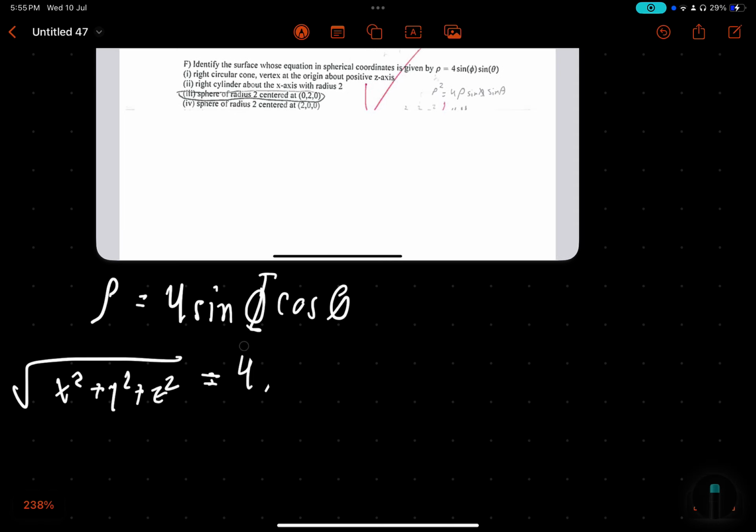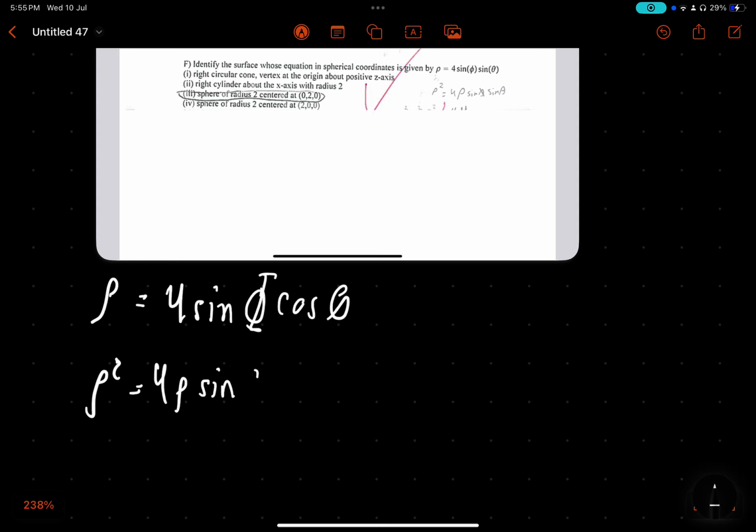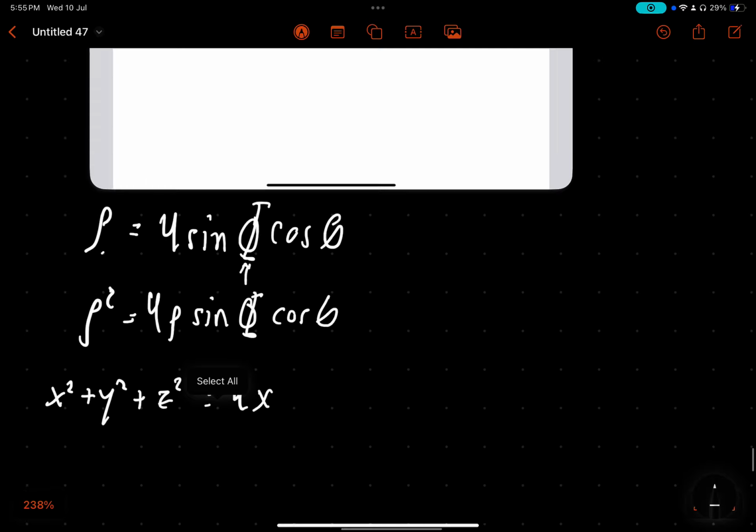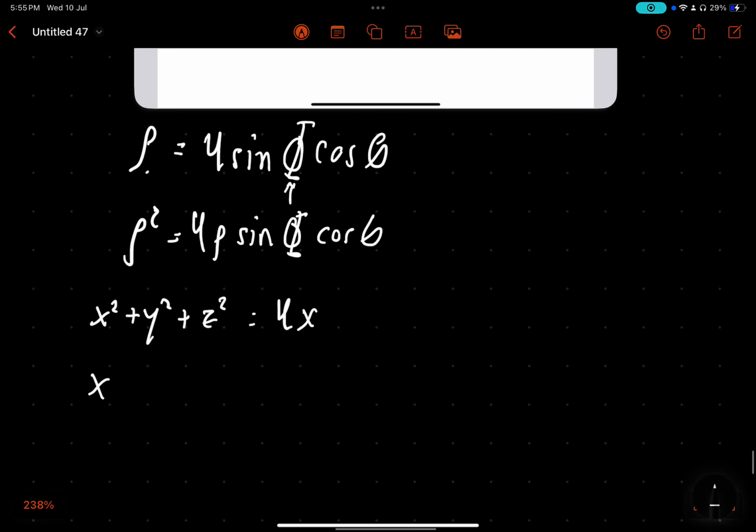If we multiply by rho on both sides, rho squared sine phi cosine theta, now this is gonna be just x squared plus y squared plus z squared equals 4x, which is basically x minus 2 all squared plus y squared plus z squared equal to 4.